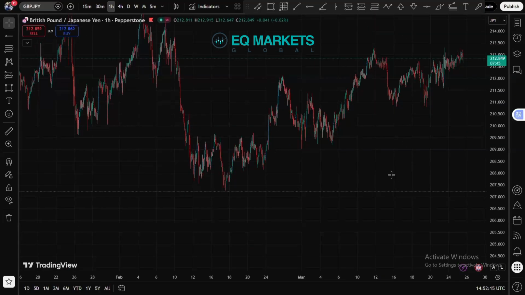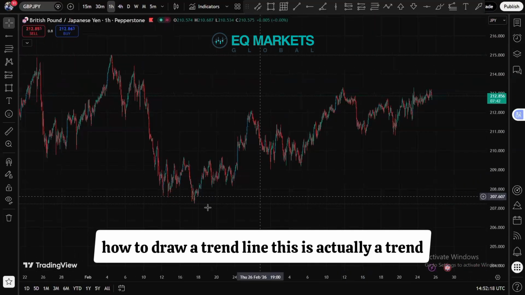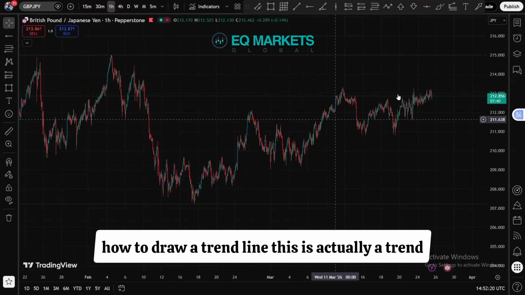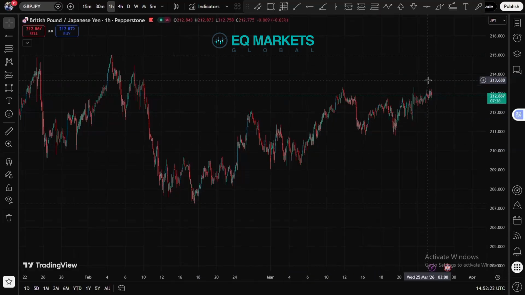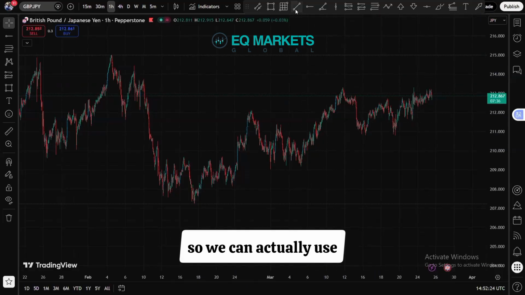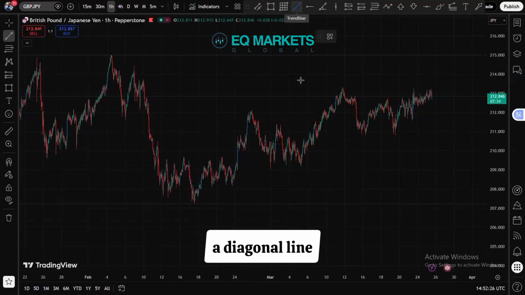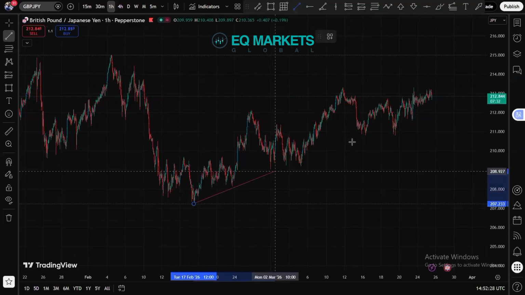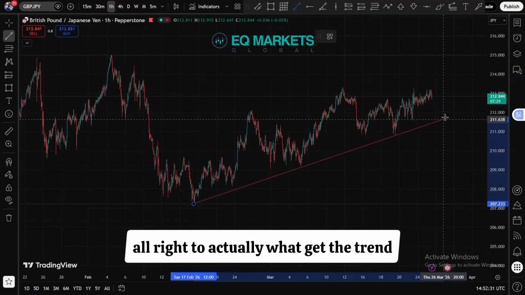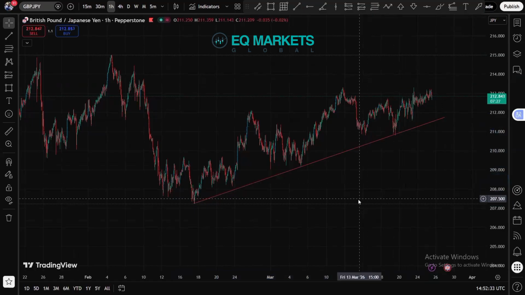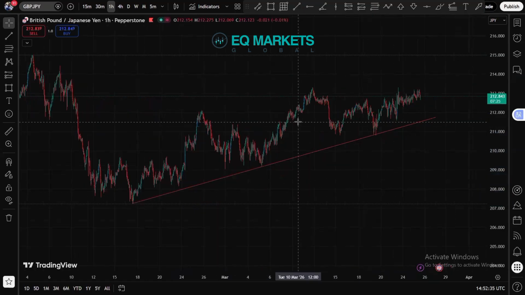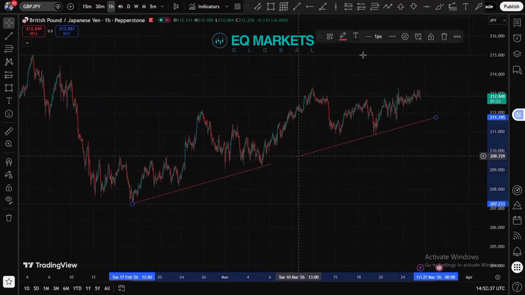So for us to understand how to draw a trend line, this is actually a trend that is pushing up. So we can actually use a diagonal line to actually get the trend. So this is a good example of what a bullish trend line looks like.